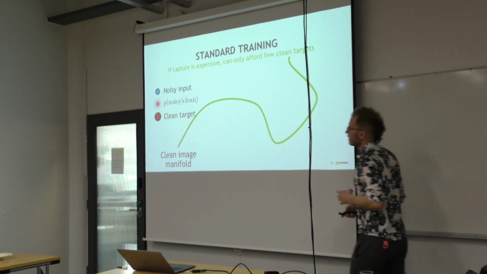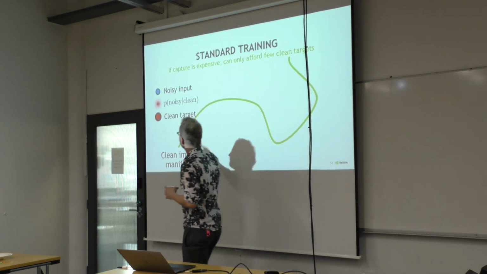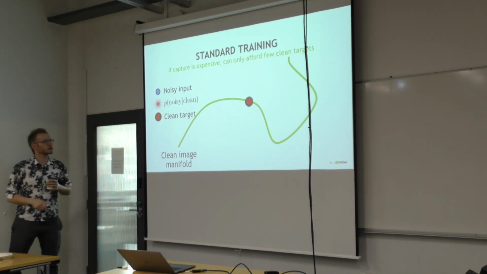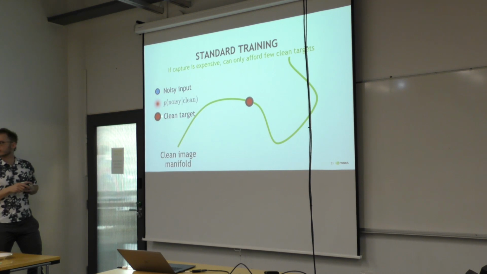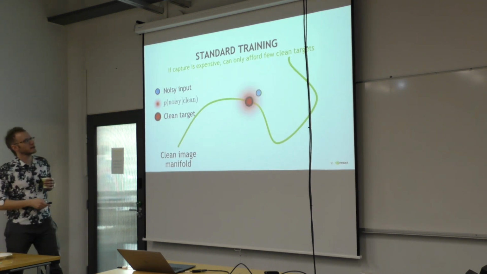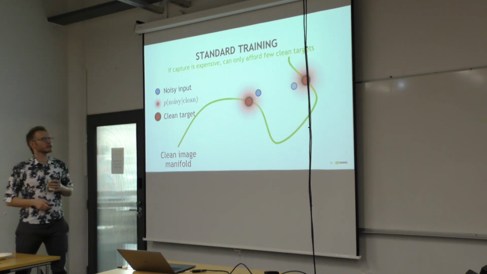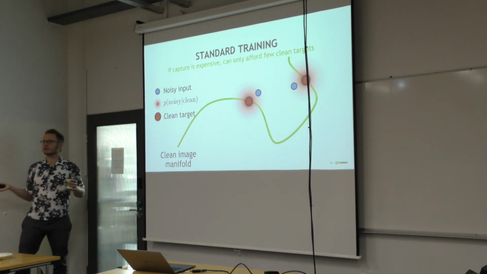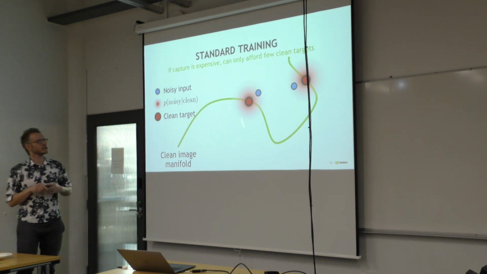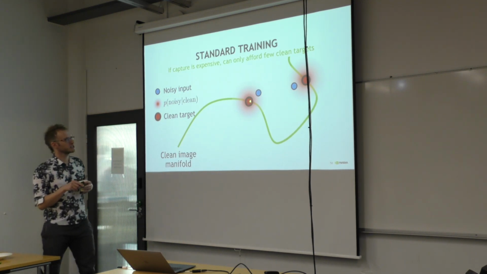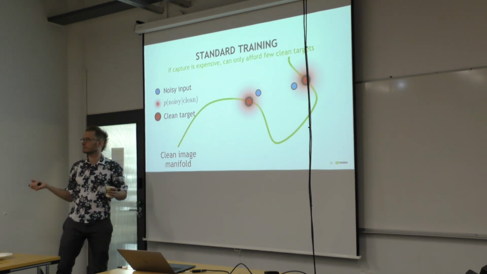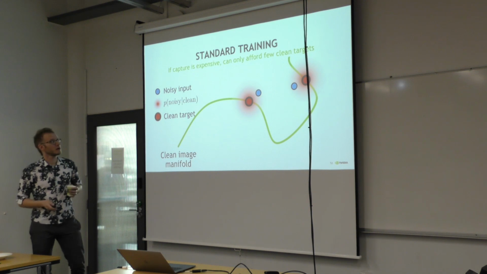In the traditional training regime, when you have clean targets and noisy realizations, each target is expensive to capture. You need to keep the shutter open for a long time, and then within a fixed budget maybe you can afford 2 training examples. You have 2 things on the manifold of clean images, but because each one of these red dots is super expensive, within a fixed budget you can't capture as much.